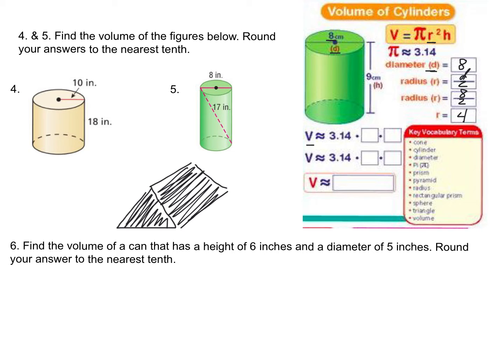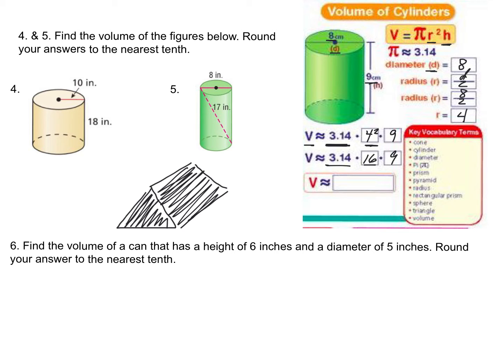So my volume is equal to pi, which they're approximating to 3.14, times r squared, which we just determined was 4 squared, times the height. And the height is given in my picture as 9 centimeters. So my formula is going to turn into 3.14 times 16 times 9.